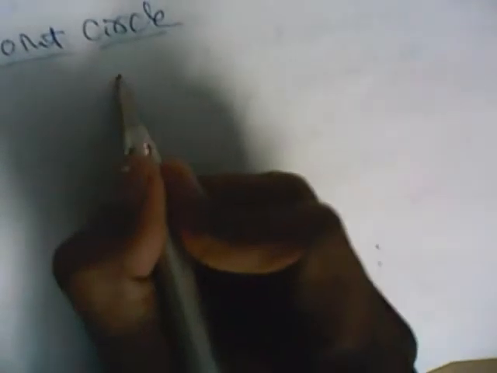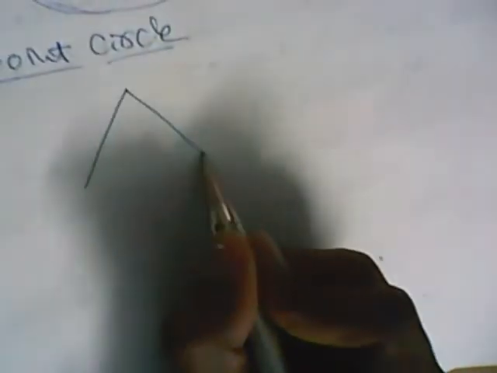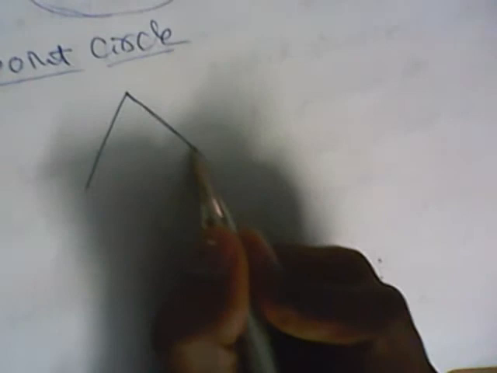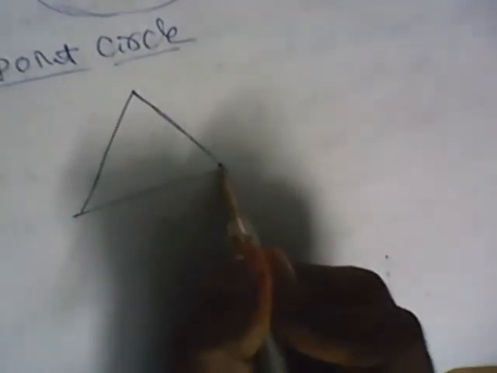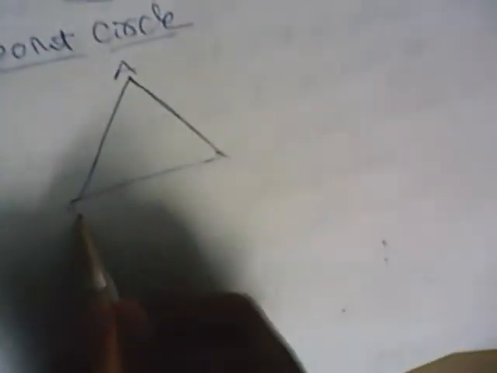There is another concept here, the 9-point circle. By taking 9 points, we can construct this. A, B, C are vertices.